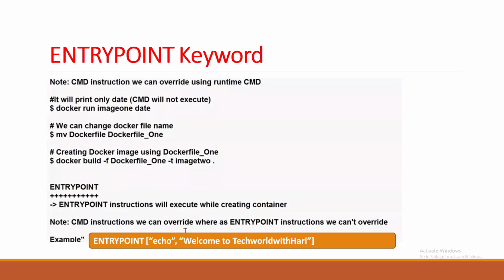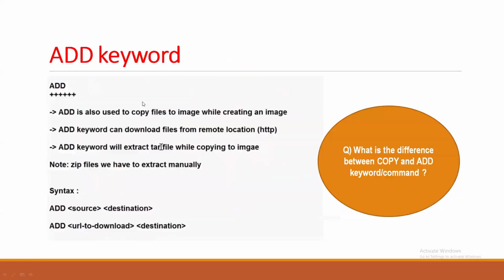It will build the Docker image. Docker images. CMD instructions we can override using the runtime CMD, so it will print only the date. The CMD in the Dockerfile will not execute, because it's already executing the date command.